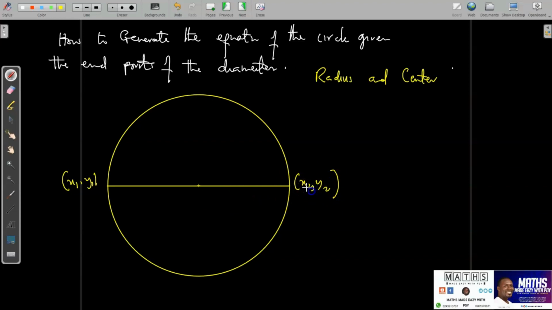These are the only pieces of information given to us in this circle, and they want us to find the equation of the circle.